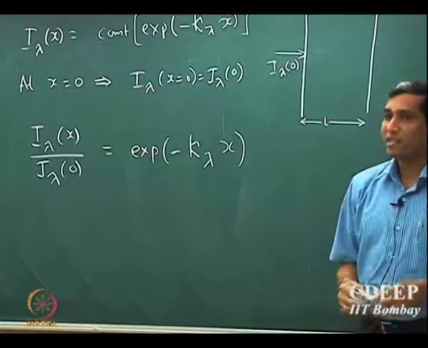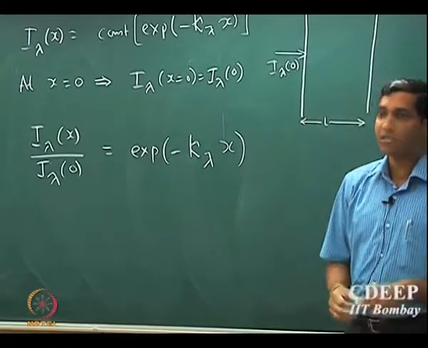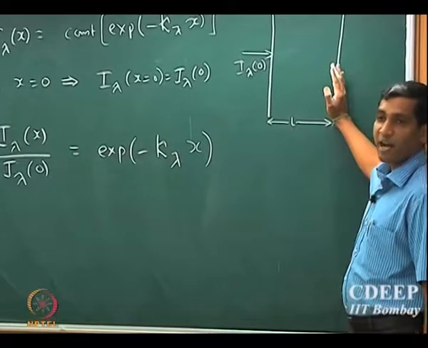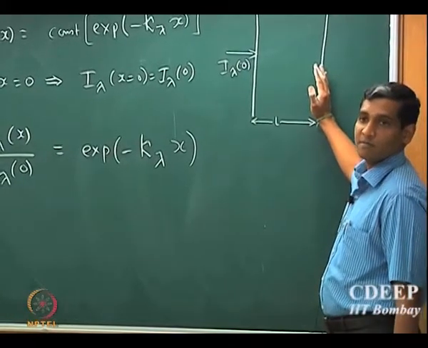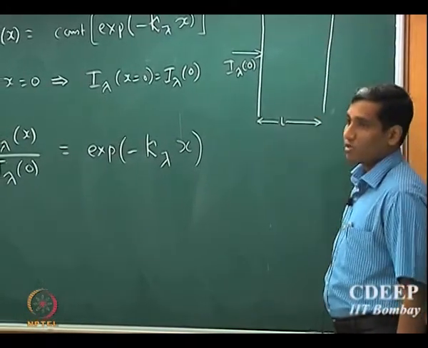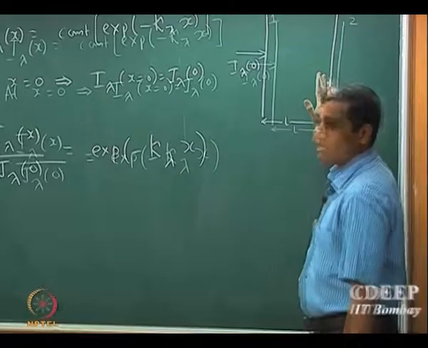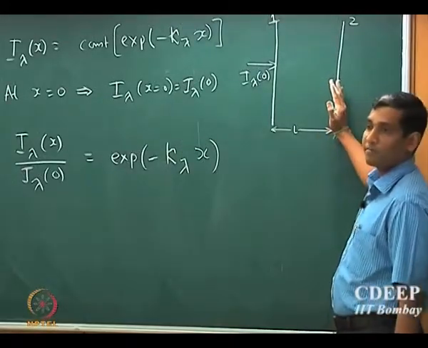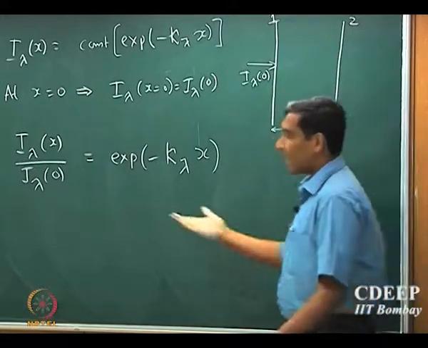So what will be the intensity with which the radiation leaves the gas at L? What will be the intensity with which the radiation will hit surface 2? It is I lambda L, right.